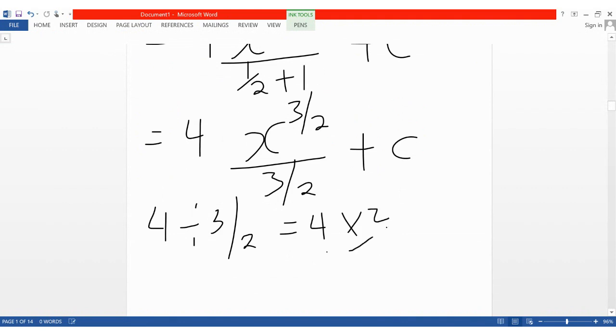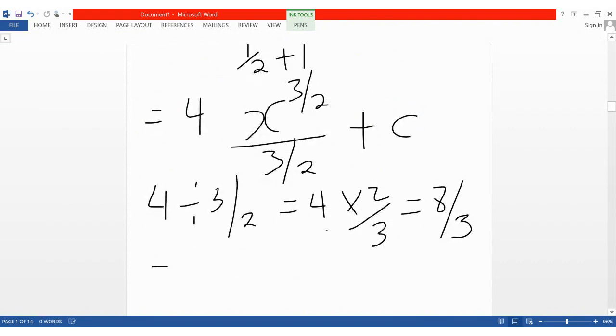When I'm dividing, you do the reciprocal. So the final answer will be 8 over 3 x to the power 3 over 2 plus c. You must always simplify to get the desired answer. Anyone with a question so far?